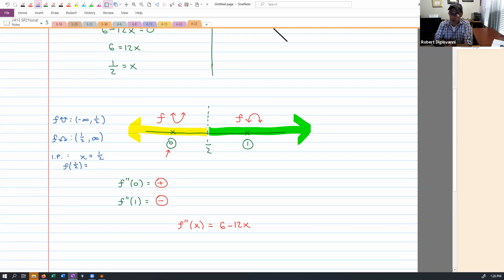I'm going to go ahead and do that right now. I get 18.5. So as a point, it's the point 1/2, 18.5.